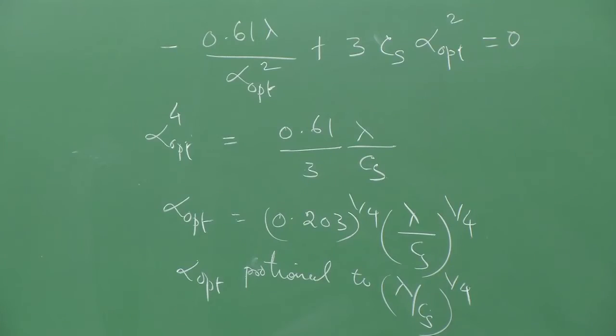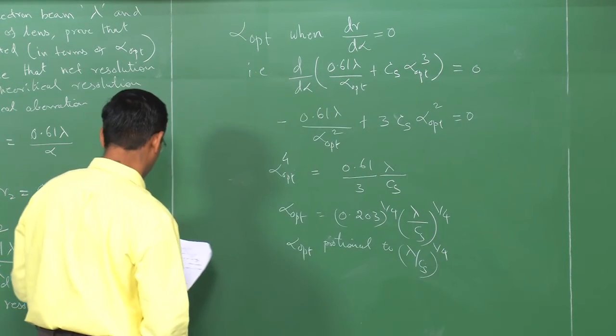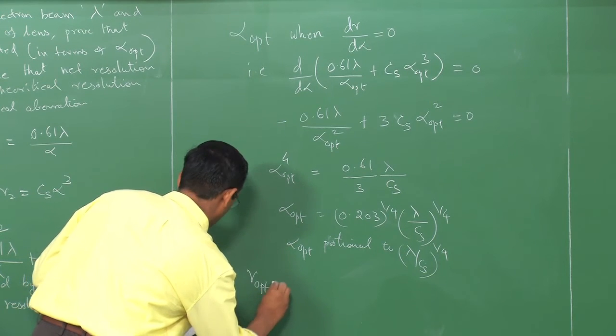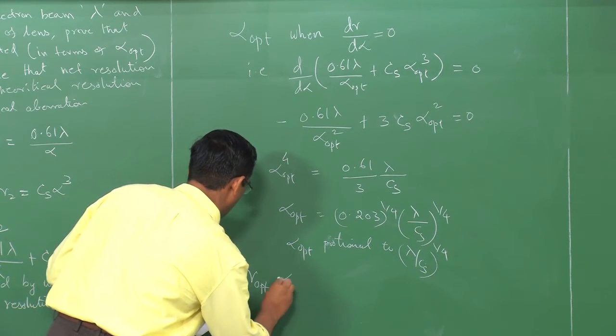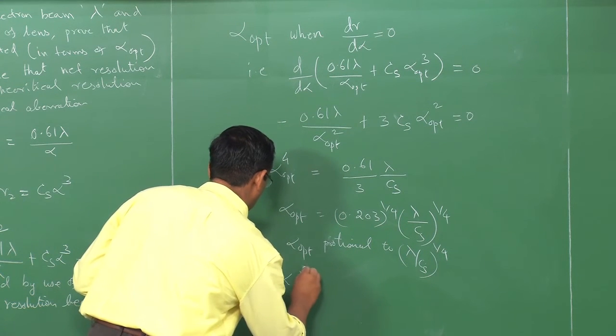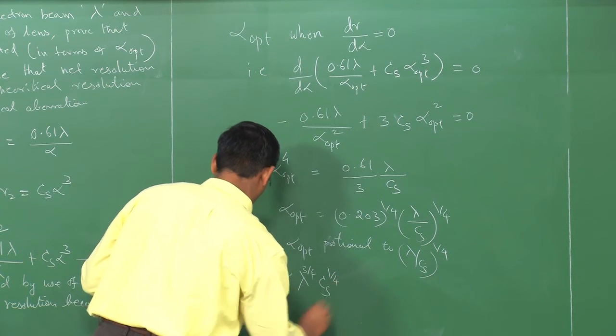So, you can substitute this into equation 1, you will get R opt proportional to lambda 3 by 4 and Cs 1 by 4.